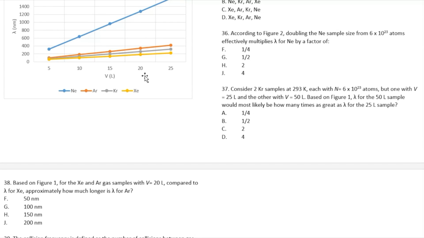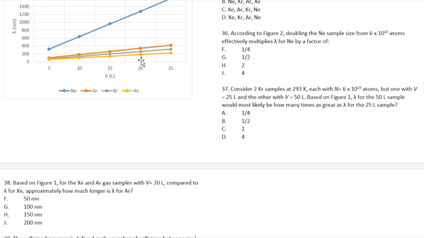So here is 20, and we look down, xenon is the yellow, that's the bottom one here, and Ar or argon is the orange one here. That's this top one here, not the very top one, but this top in the group of 3. It's asking approximately how much longer is lambda for argon. So we take visually the orange minus the yellow. Well, it's kind of tough to see because you can't really see how much that means.